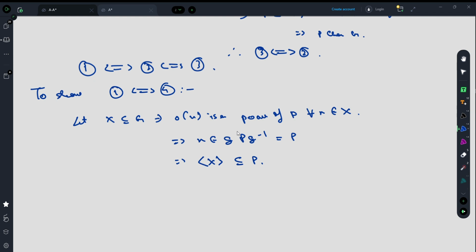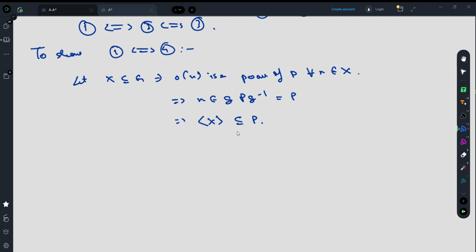What can we say about the converse? Suppose X is a... or in a way this implies that this is a P group, right? This is a P group.